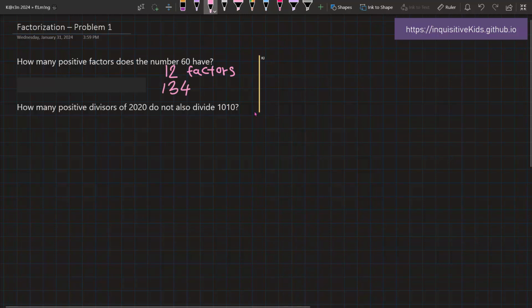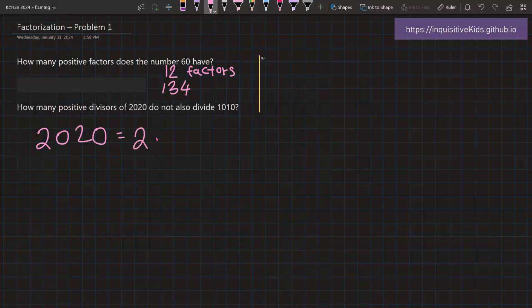How many positive divisors of 2020 do not also divide 1010? Let's first look at the prime factorization of 2020. So 2020 is equal to 2 times 2 times 5 times 101, which, if we just make this simpler, would be 2 raised to the second power times 5 times 101.